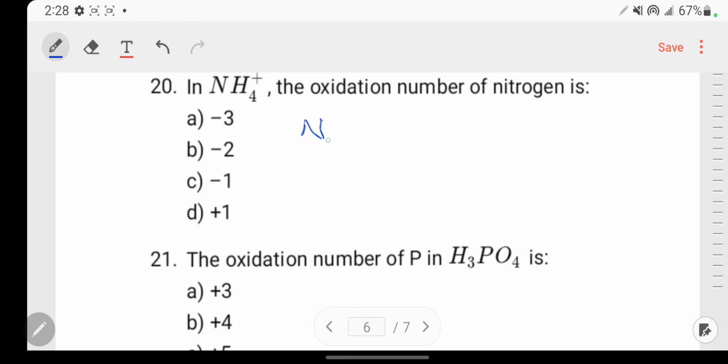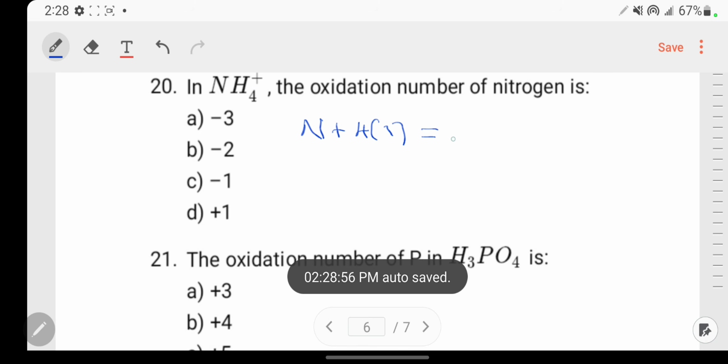So we have the nitrogen plus, how many hydrogens do we have? We have 4 of them. Hydrogen has got the charge of +1, should be equal to the charge on that compound. If it's showing +1, it means the charge will be equal to +1.